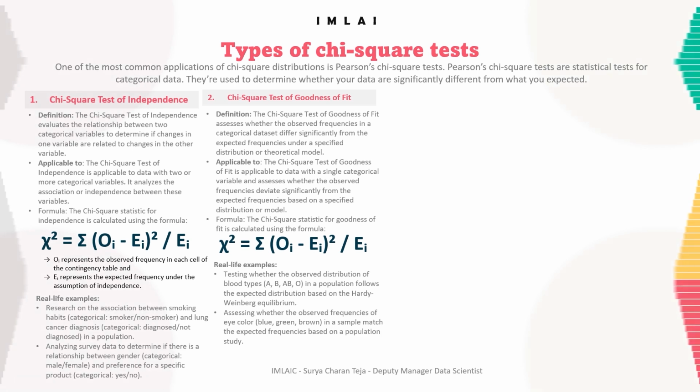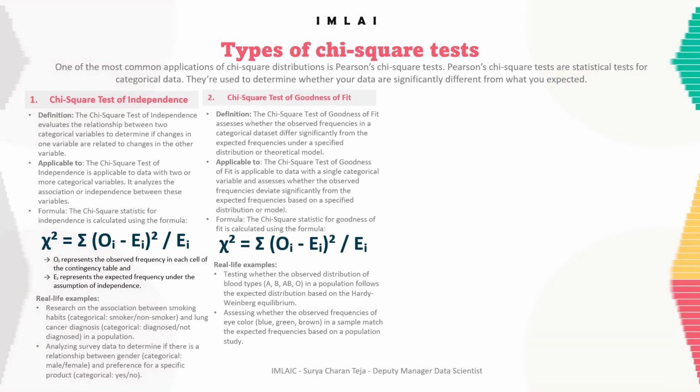And the third example, evaluating whether the observed distribution of responses, agree, neutral, disagree, in a survey matches the expected distribution based on a hypothesis about people's preferences.